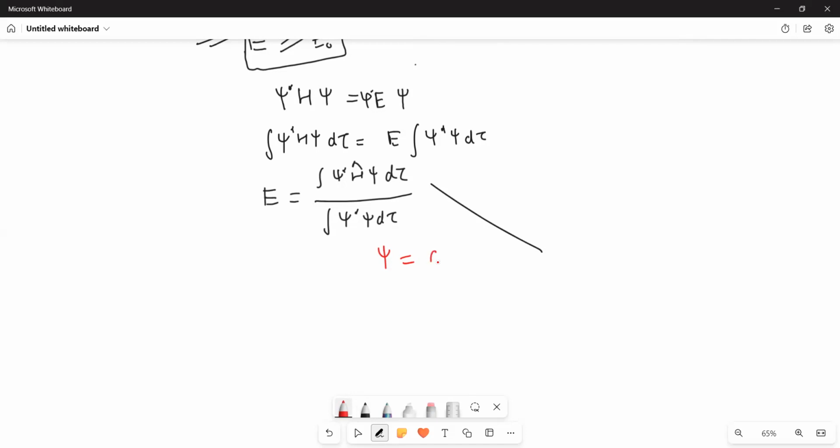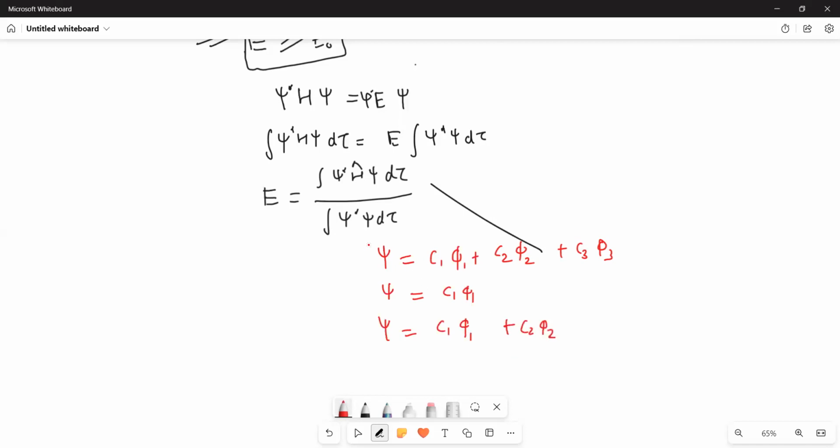It will be like a linear combination of the wave functions, or this can be equal to c1 psi 1, or c1 psi 1 plus c2 psi 2.